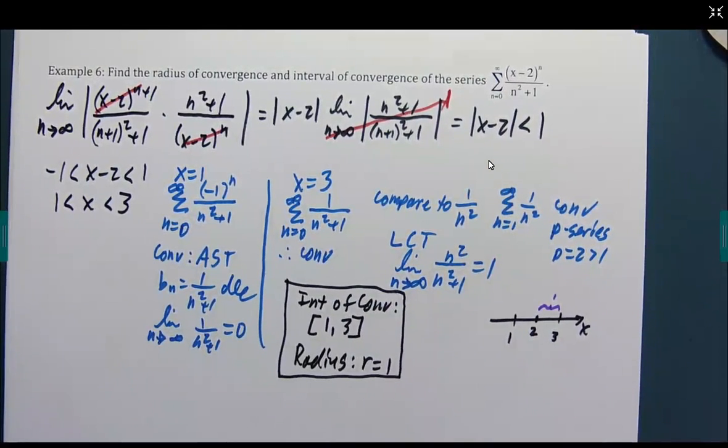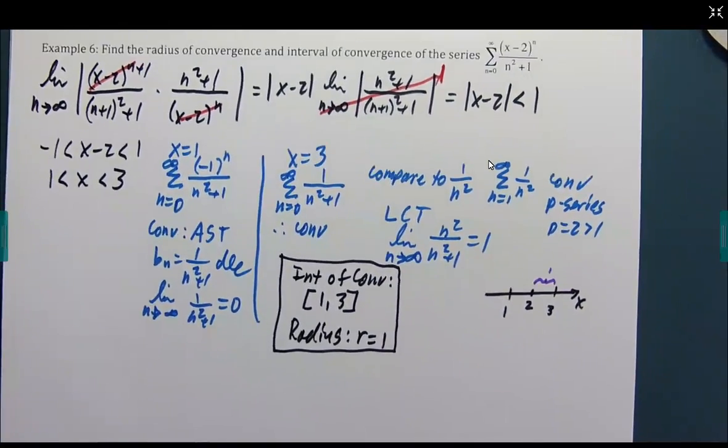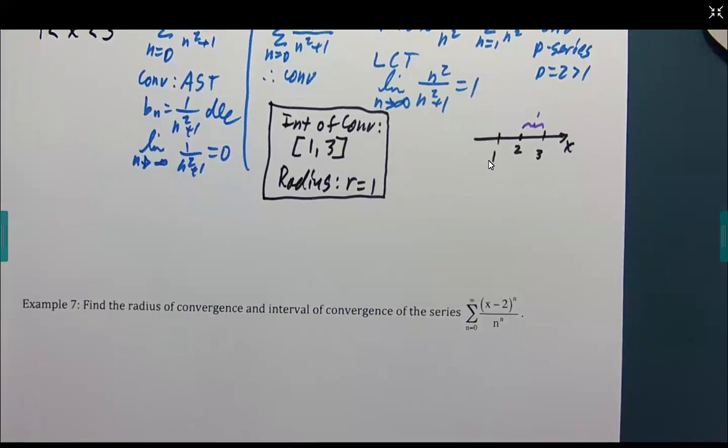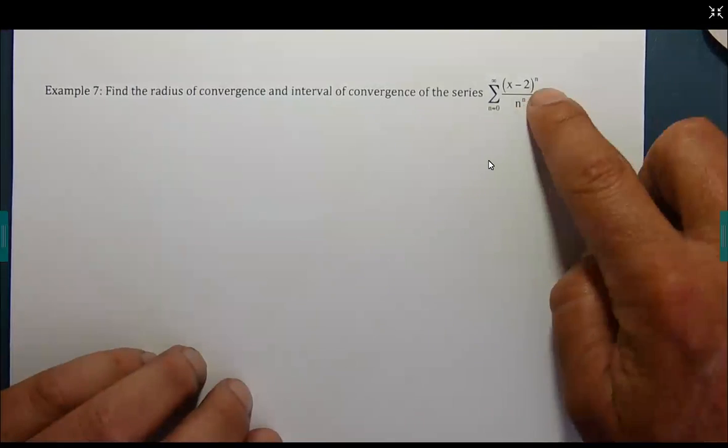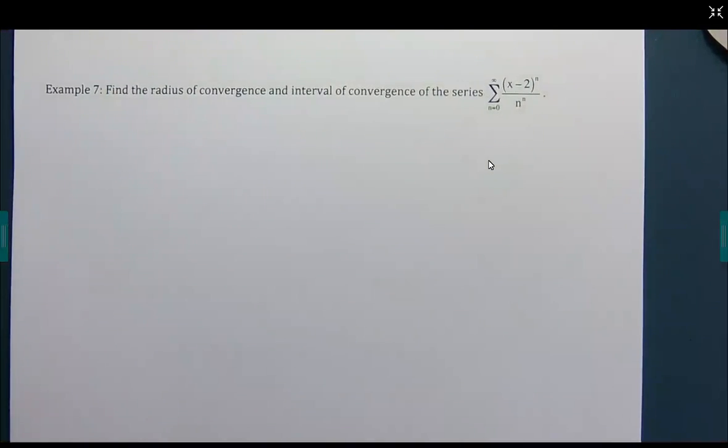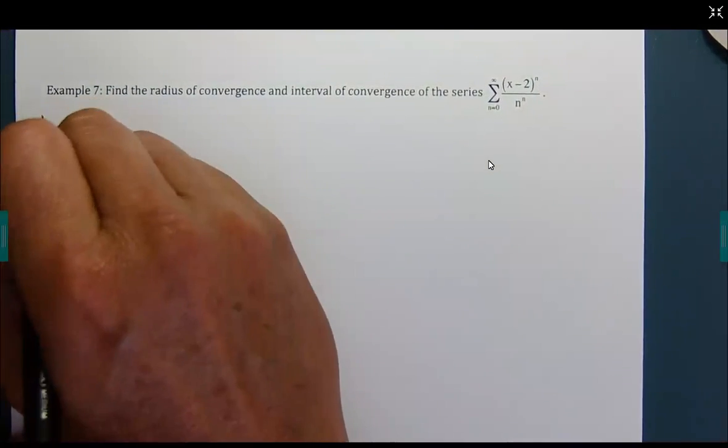Now I mentioned for this next one that instead of the ratio test, we could use the root test. When would you choose to use that? Specifically when you have to the n to the n. So here we're going to use the root test.